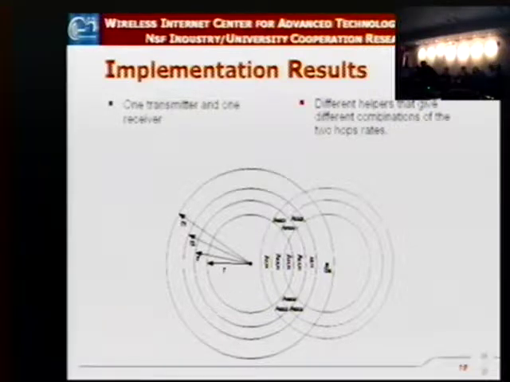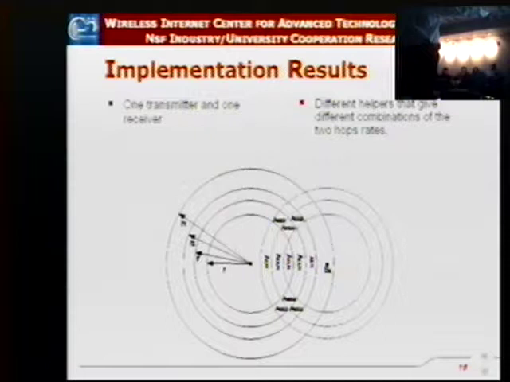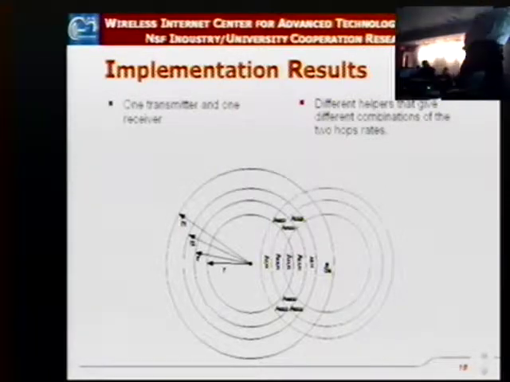We set up a very simple test bed: one transmitter, one receiver, and several helpers. I have this figure to show you how we pick the helpers, because I use this notation on all the next figures. Helper 11-11 means that when a helper is in this region, it gives 11 Mbps on both hops.